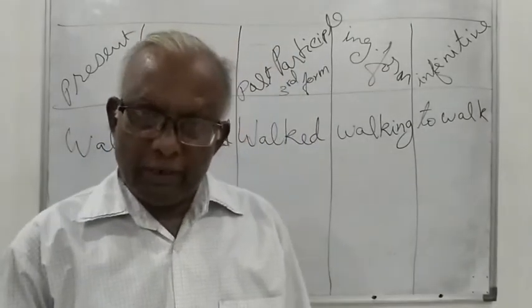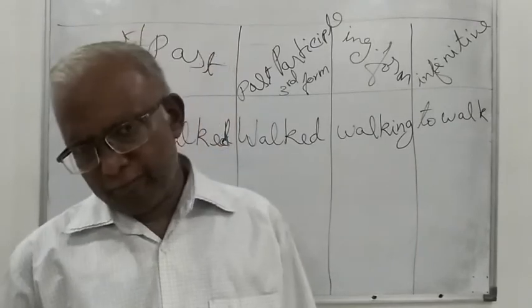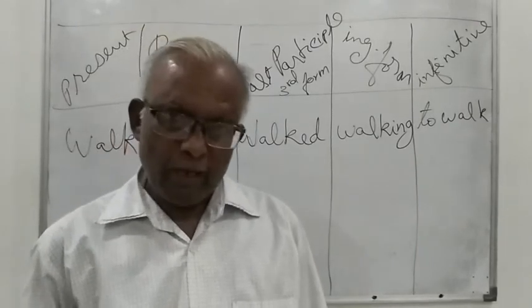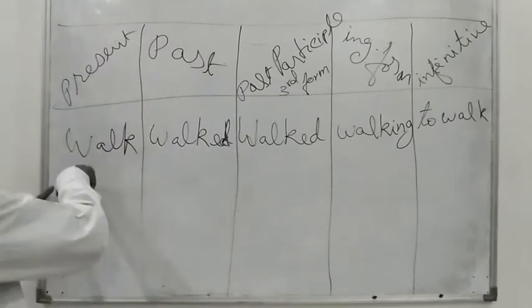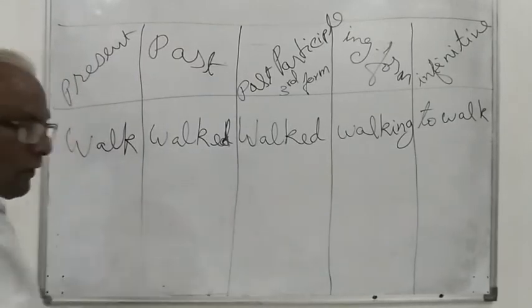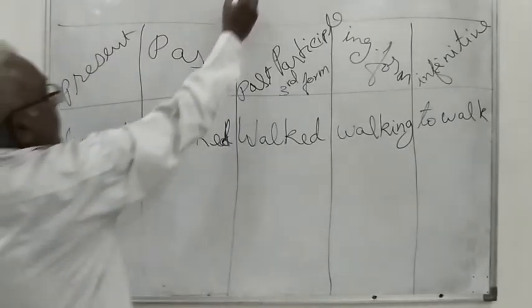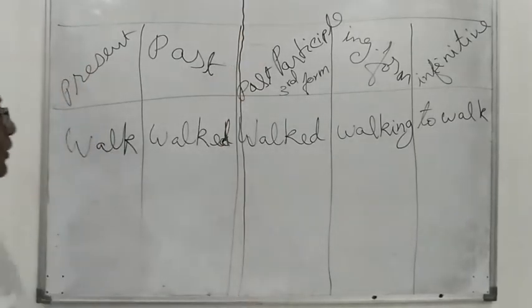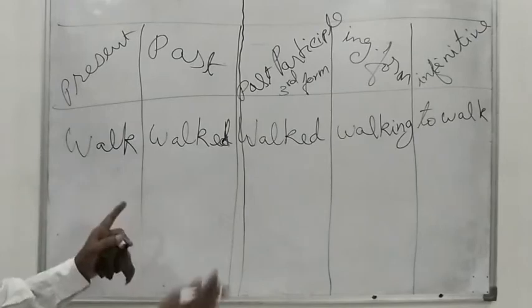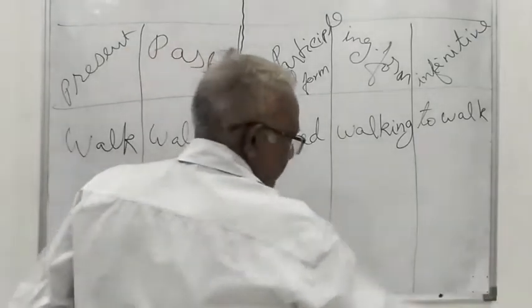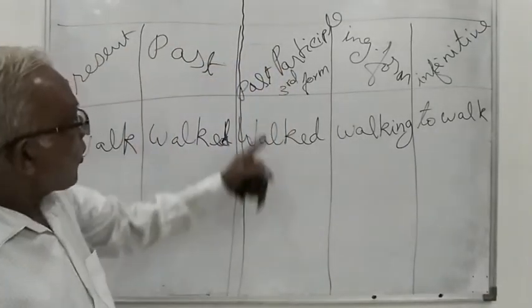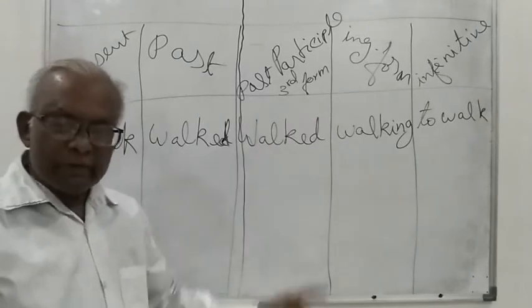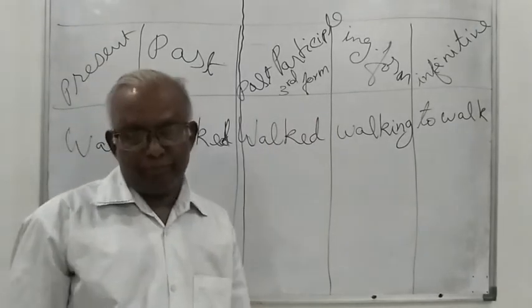Now let me give a little detail. Listen very carefully. The present form and the past form, I am putting a line over there, a second line as you can see, to divide it, to separate it from the rest of them. Past participle walked, it tells no time.